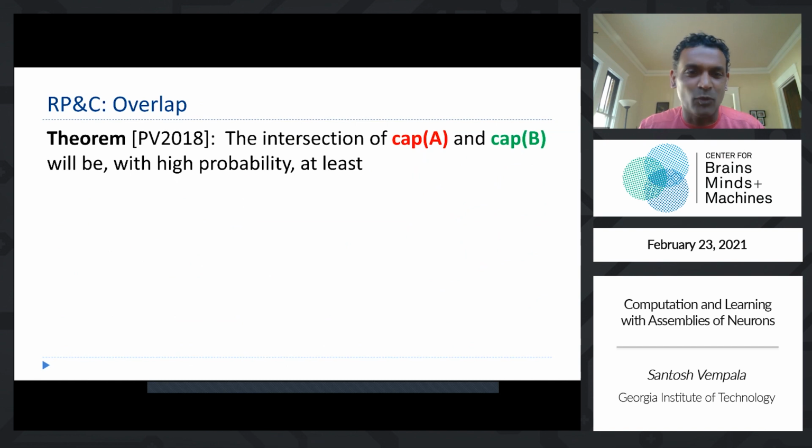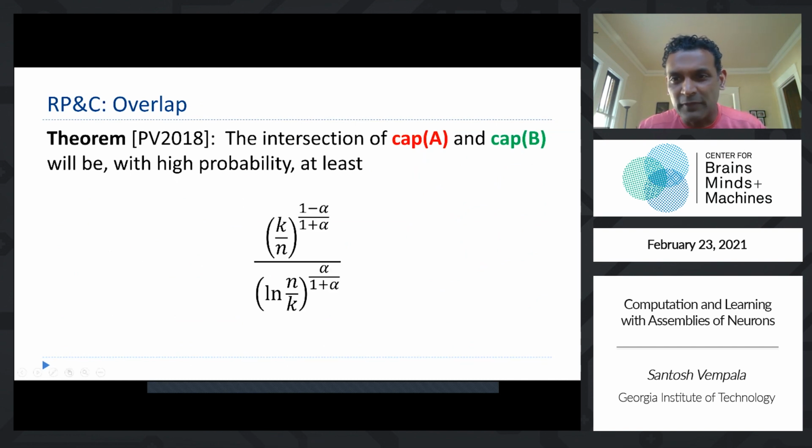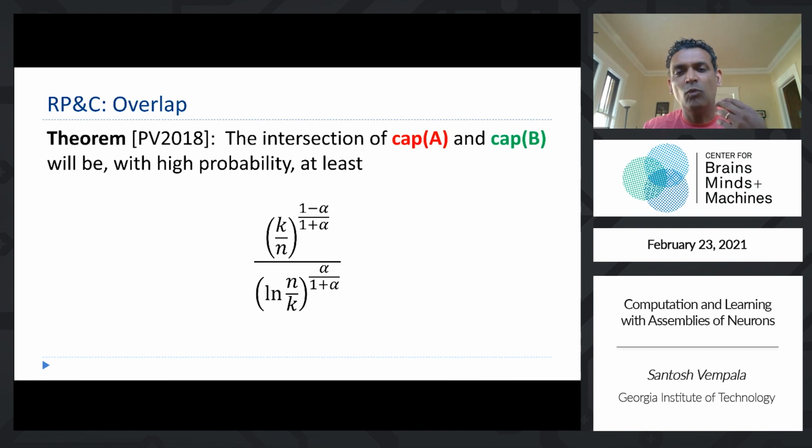With Christos, what we were able to establish is that for the intersection of cap A and cap B, where A and B are both subsets of size k and their overlap is, let's say, alpha, so alpha k nodes they overlap in, you were asking what's the fraction of overlap in the projections?